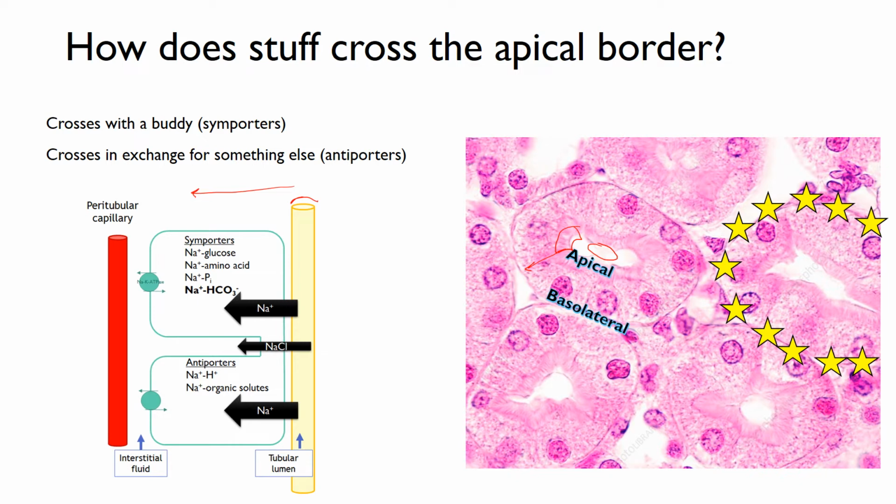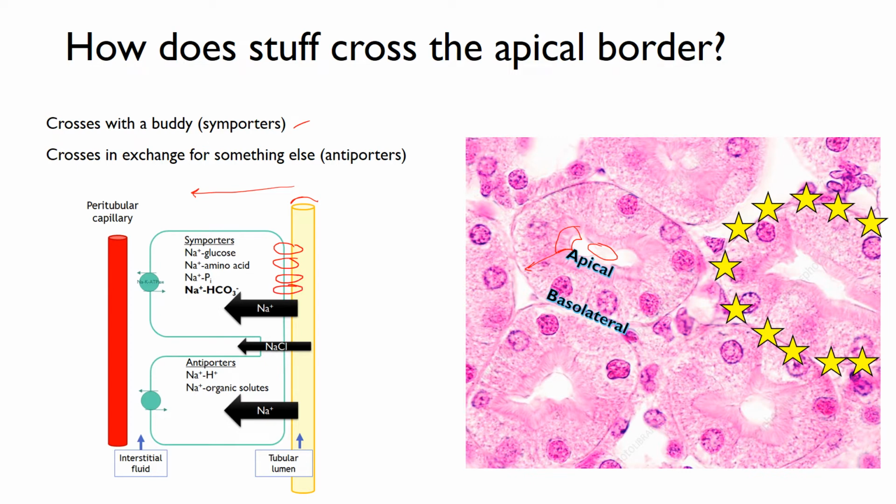In the case of sodium, sodium is reabsorbed most often with a buddy. That buddy means that there are special symporters dedicated to sodium plus its buddy that exist on the apical membrane. And that is what is depicted over here on this side. Those special symporters would be channels or symporters that exist on the apical side.